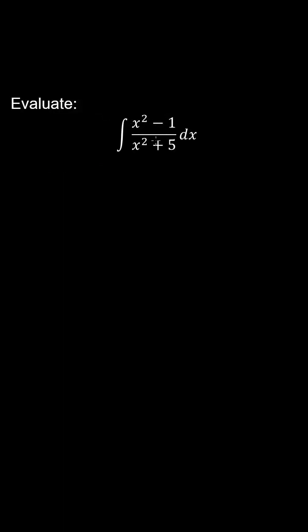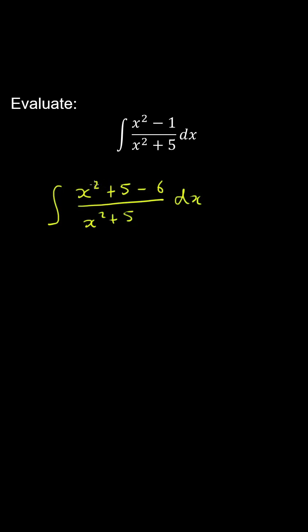Let's evaluate this integral. So in this case, the degree of the polynomial in the numerator and the denominator are equal. So therefore we can use polynomial long division, or alternatively we can simplify this integral as follows. So I have x squared plus 5, and then minus 6 in the numerator gives us minus 1. And that's divided by x squared plus 5, and we integrate with respect to x.